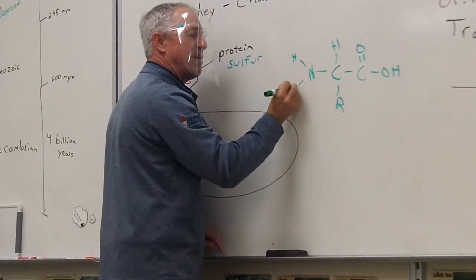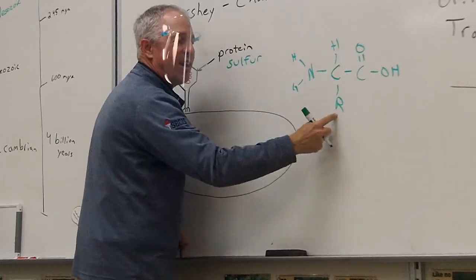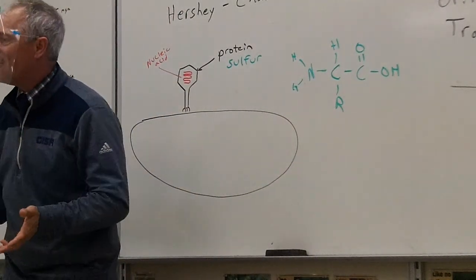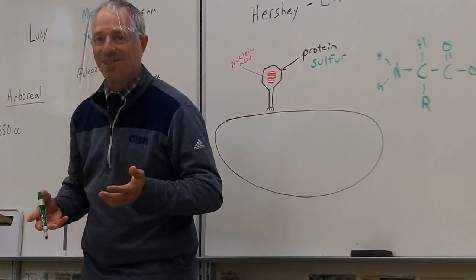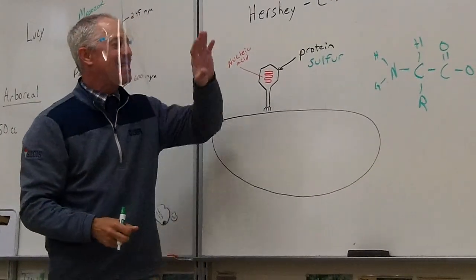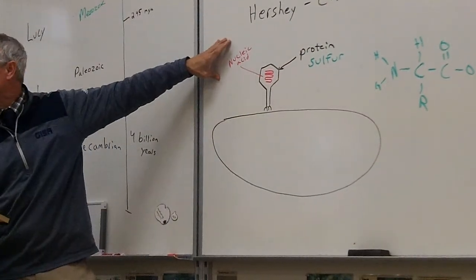Where's the sulfur? I don't see any sulfur. It's in one of the R groups of one of the amino acids. Cysteine has sulfur in it. And these scientists knew that protein has sulfur. Nucleic acid doesn't have any sulfur in it.